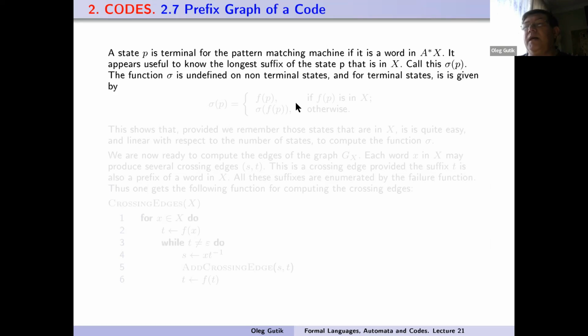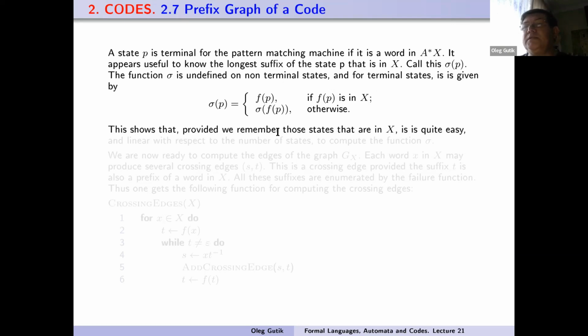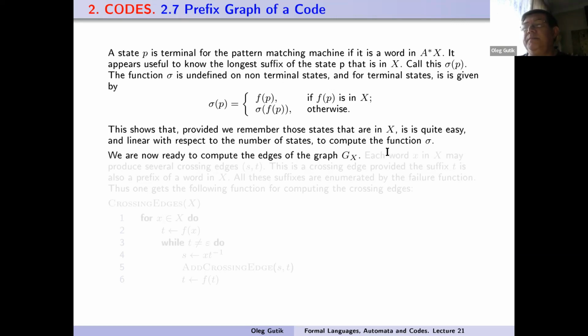The function sigma is undefined on non-terminal states, and for a terminal state it is given by the following formula: sigma of p is equal to f of p if f of p is in the set X, and otherwise sigma of f of p. This shows that, provided we remember those states that are in X, it is quite easy and linear with respect to the number of states to compute the function sigma.